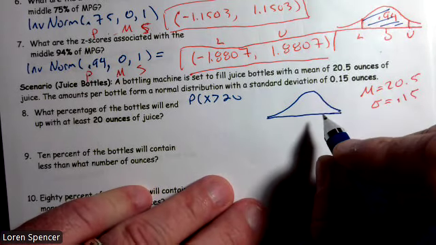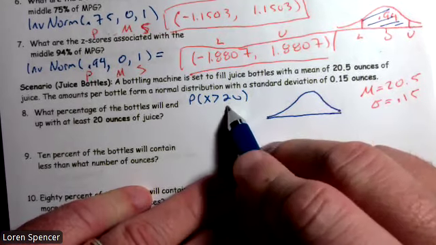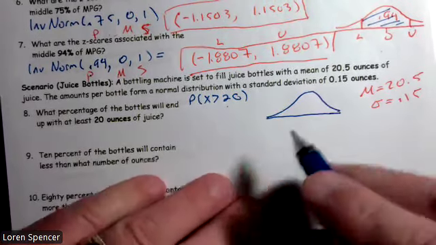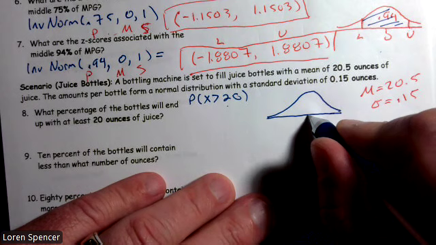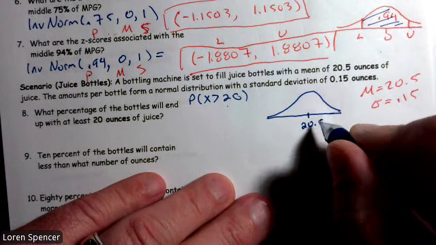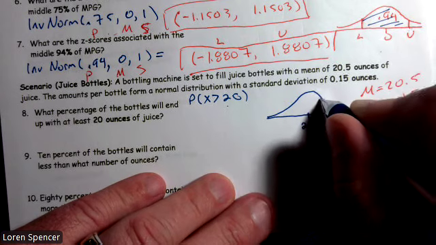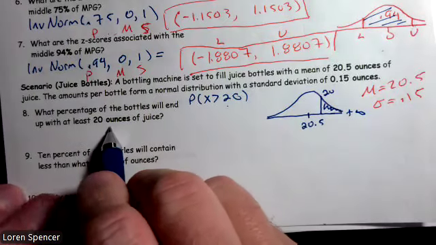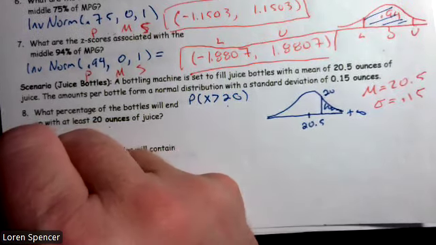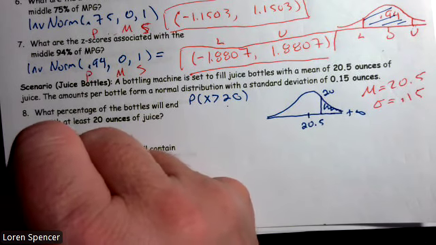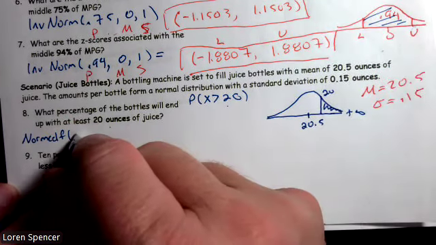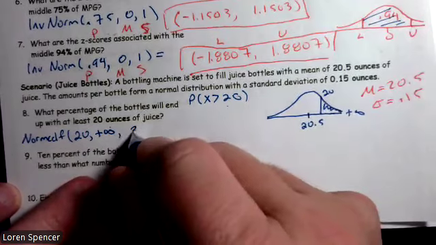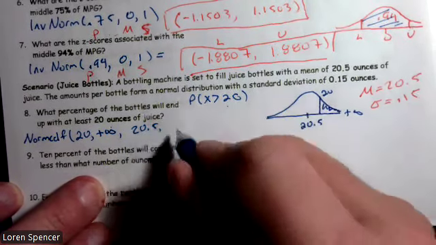If you're looking for an area, a percent of probability, you're going to have to use a norm CDF. In this case, our mean is 20.5, and they want to know the probability that we have 20 or more, so 20 and shading up to positive infinity. This is going to be a norm CDF with my lower bound being 20, upper bound positive infinity, mean of 20.5, standard deviation of 0.15.